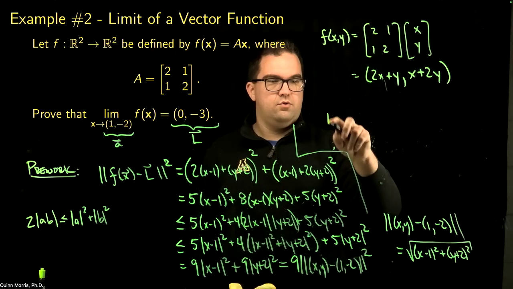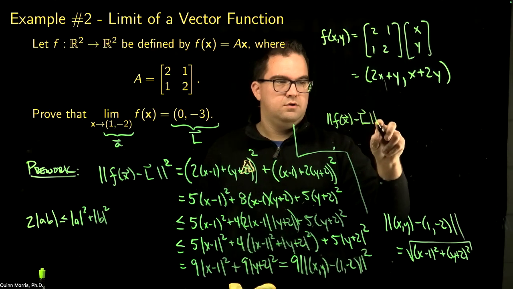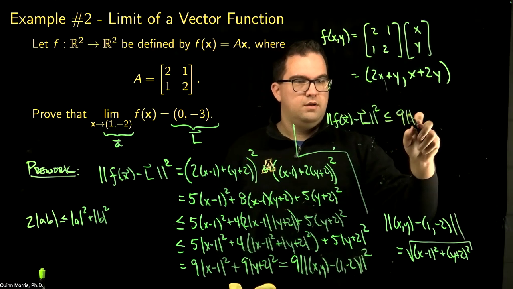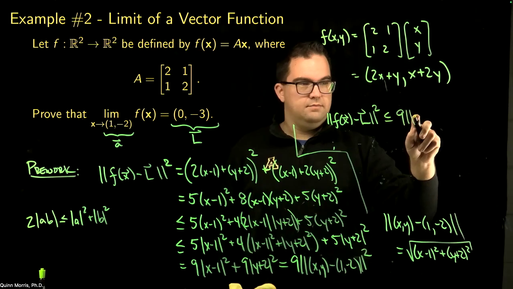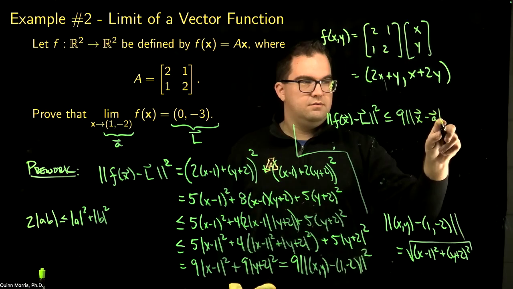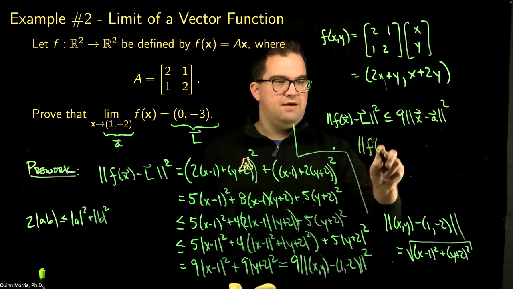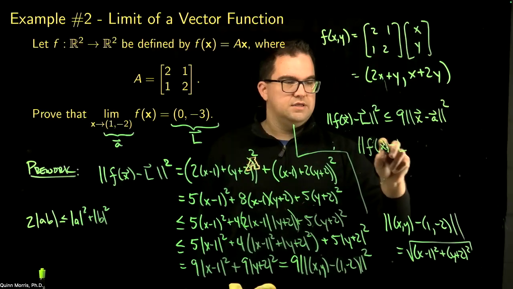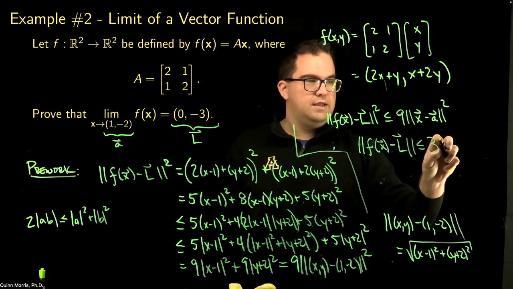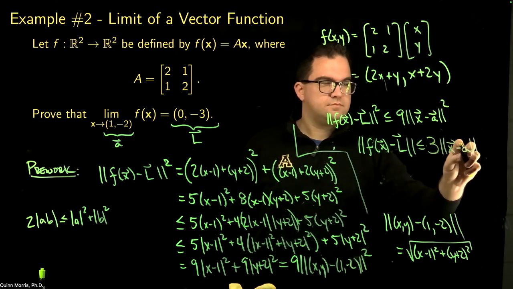So I've got the norm of f(x) minus L, squared, is less than or equal to 9 times the norm of, this is really, I can just think of this as x minus a, squared. If I take a square root of both sides, this just gives me that the norm of f(x) minus L is less than or equal to 3 times the norm of x minus a.